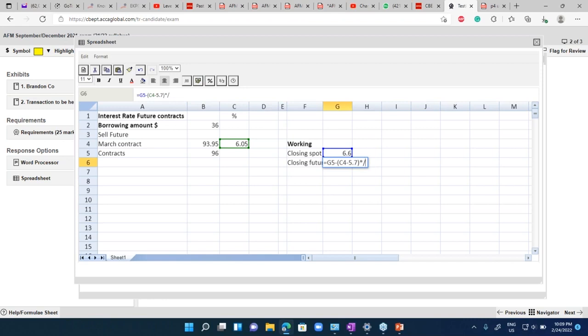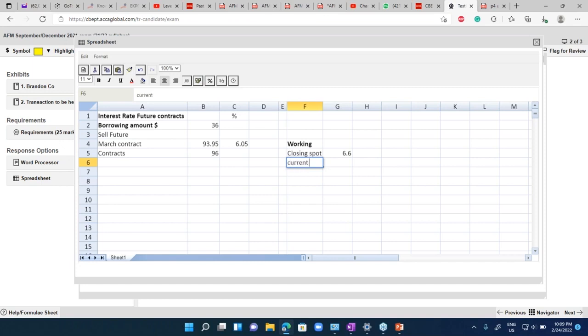Today is 1st November. Contract is of it's plus sign. Let me explain. This is closing spot. Let's write the opening spot or current spot.